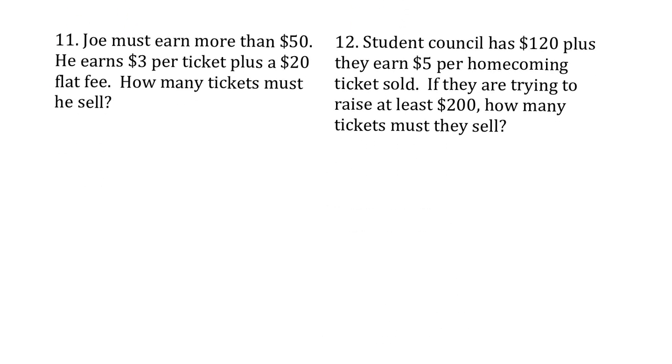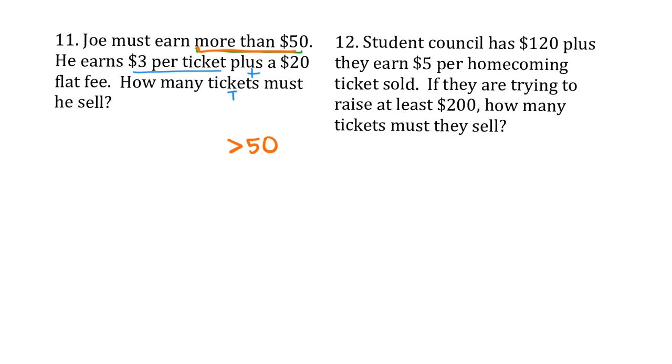Okay, couple more. Okay, Joe must earn more than $50. More than 50. Okay, so I think this is going to be more than 50. I don't know what the other side is, but that side looks like more than 50. Okay, he earns $3 per ticket plus $20 fee. How many tickets must he sell?